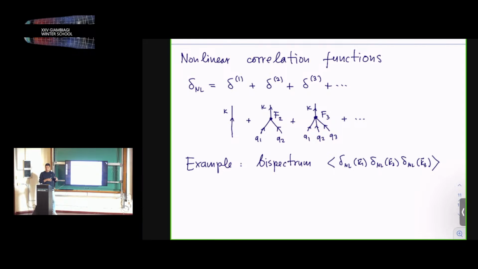I discussed a little bit what the properties of these perturbation theory kernels are and explained what they have to do with mass and momentum conservation, property number 1, and property number 2, which has to do with these large displacements and the free fall in the background of some long wavelength density fluctuation. And now I would like to show you how to actually compute nonlinear correlation functions using these perturbative solutions. Okay.